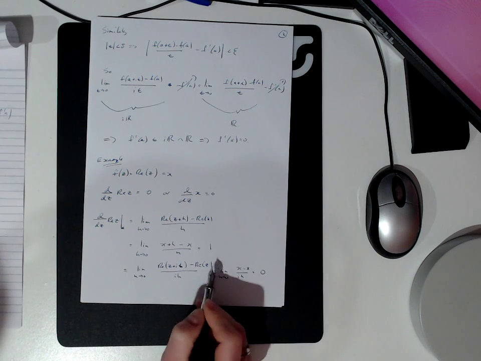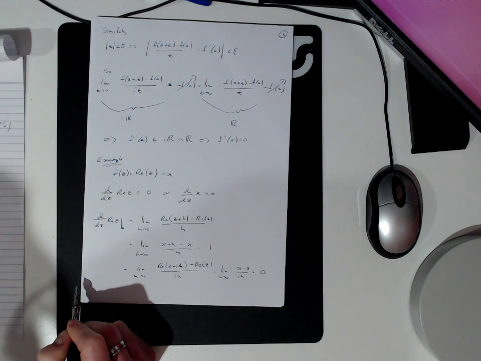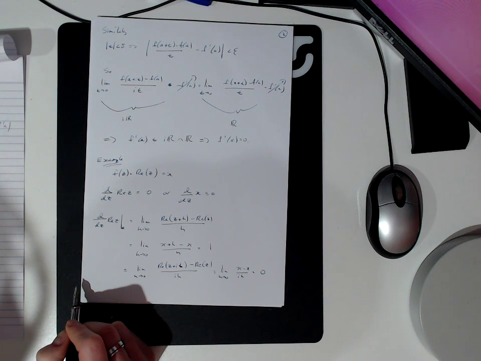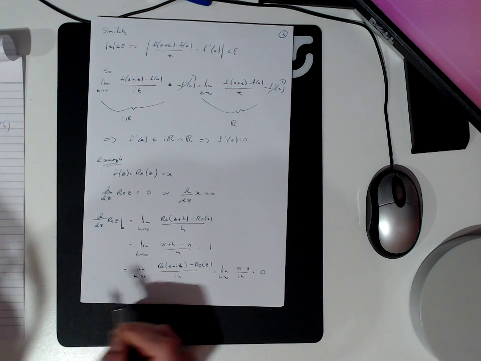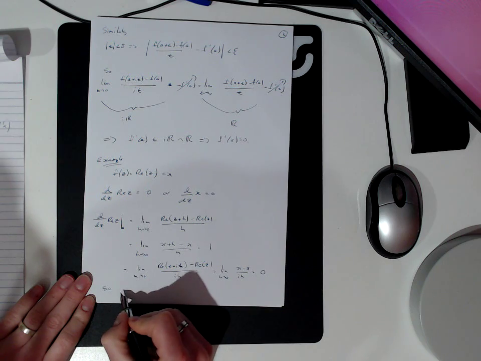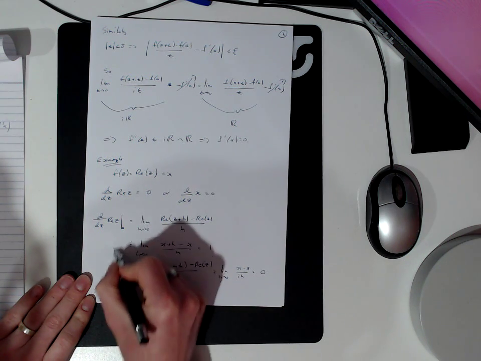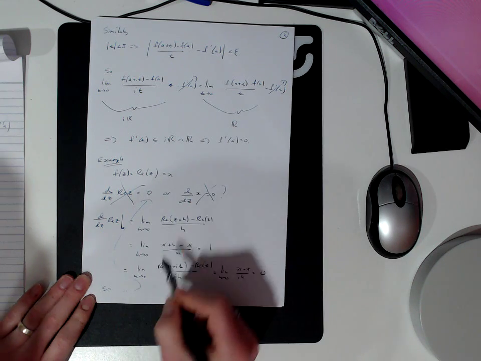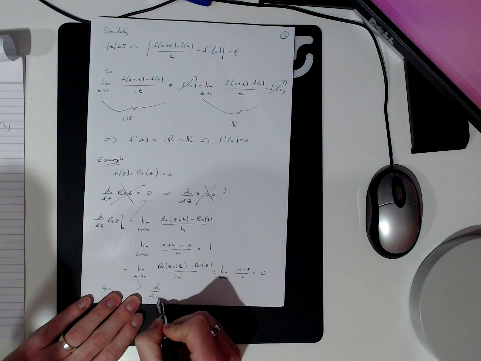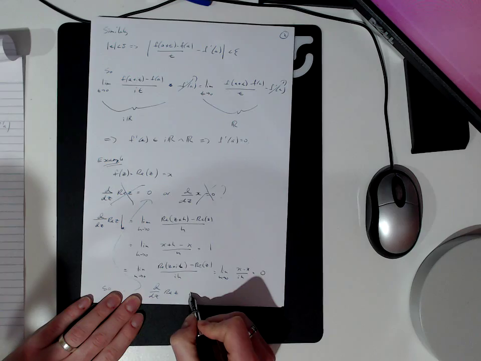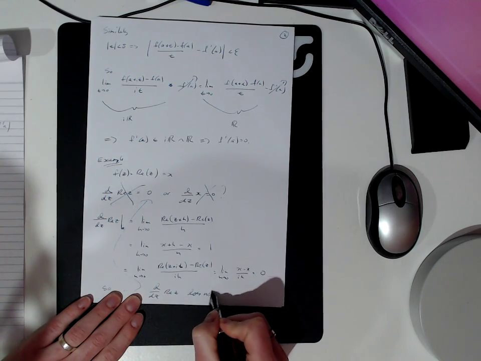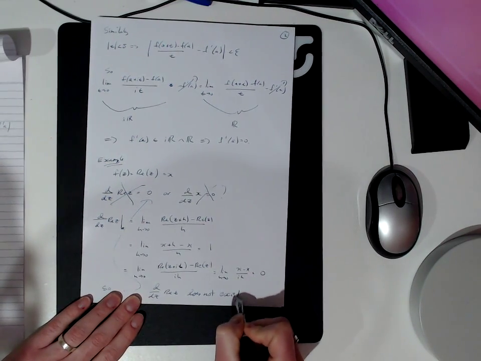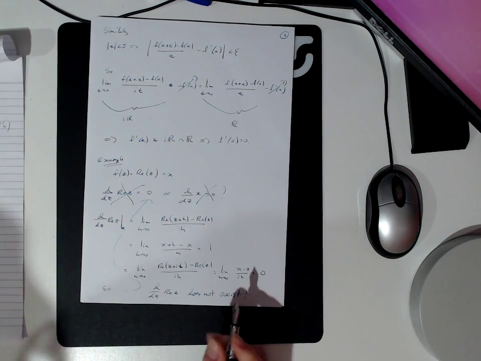Since these limits are different, the derivative doesn't actually exist. So neither of these things are true. dz of the real part of z does not exist. Weird, right?